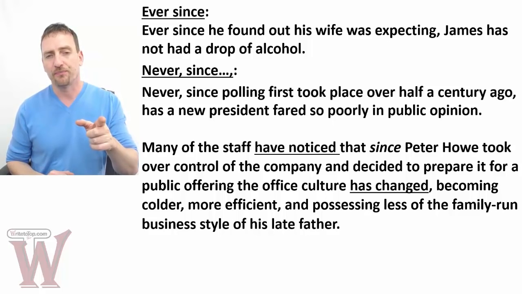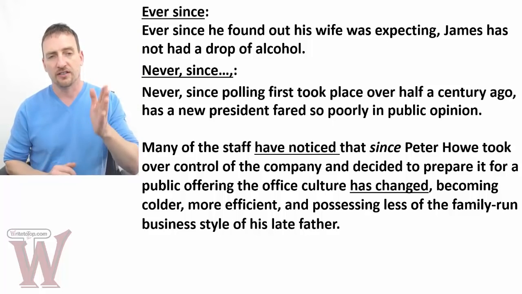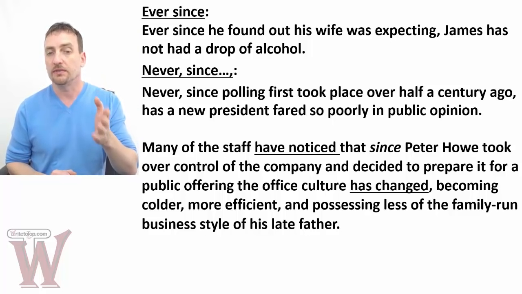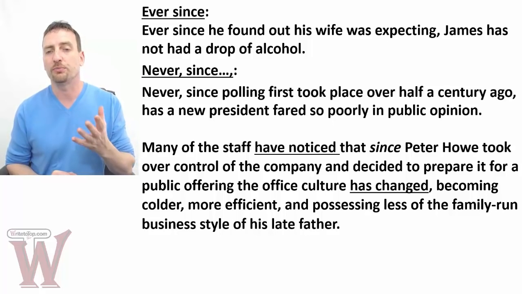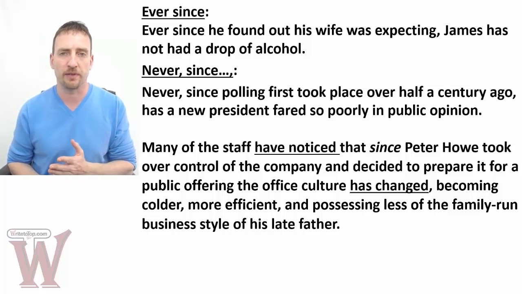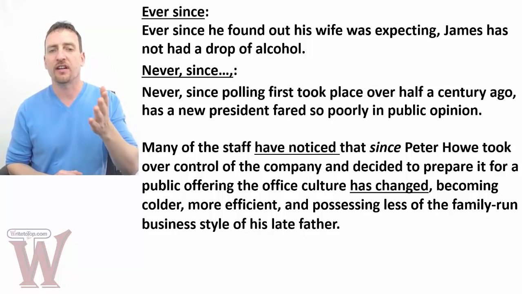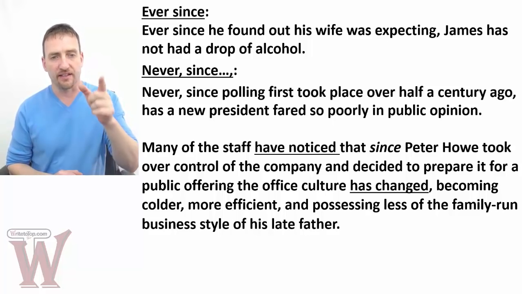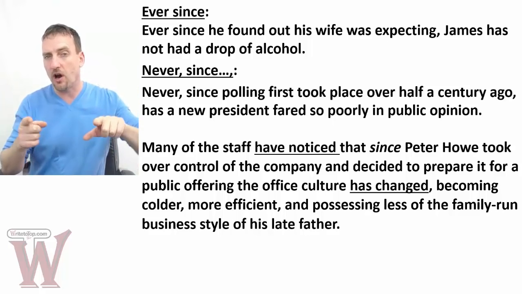Now, "never" cannot go with "since." You don't put the two together. So let's look at the example. Never, since polling first took place over half a century ago, has a new president fared so poorly in public opinion. Now, the actual sentence is, never has a new president fared. The "never" goes with the clause. "Since polling," notice it's between commas.